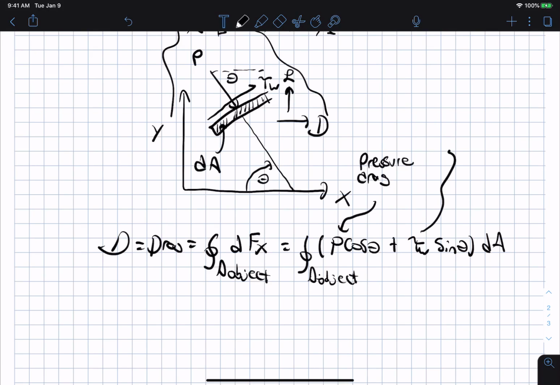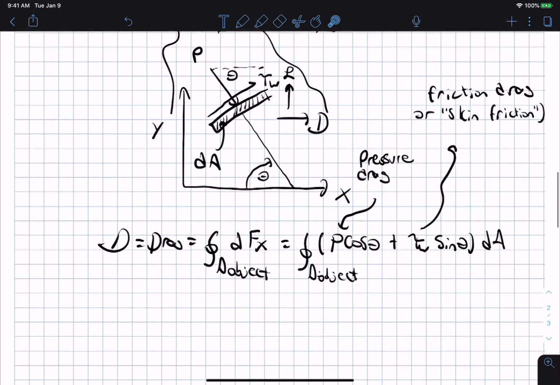And this term due to wall shear stress is called friction drag, or skin friction. Okay, and so you'll see the term skin friction being used quite a bit. And again, this just involves the basic geometry and the angles and the direction of the pressure and the wall shear stress in this picture here.